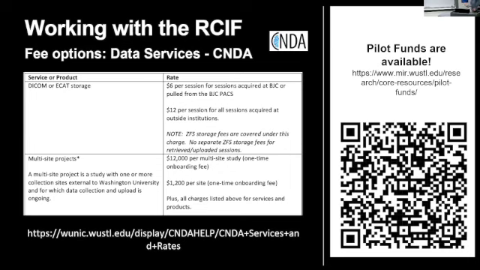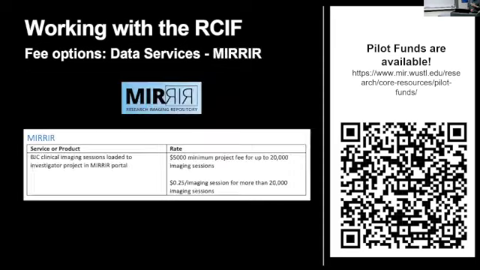So pulling data from the PACs, or if in a multi-site study, you'll get sessions pulled in from other data centers, there are per session charges for that. MIRRIR is envisioned more for big clinical data pulls, and so the per session fee isn't as much, but there are larger upfront costs just to get samples identified and data pulled in.